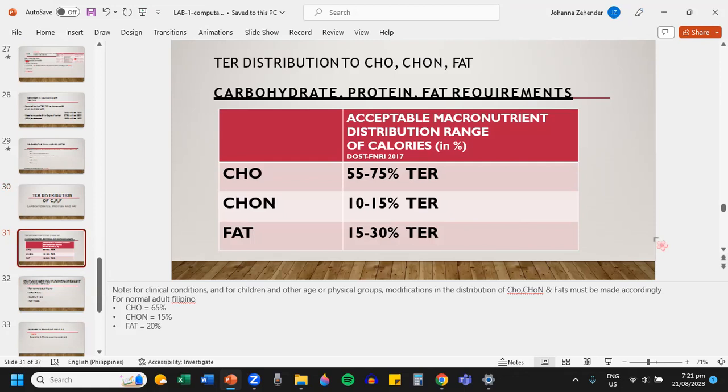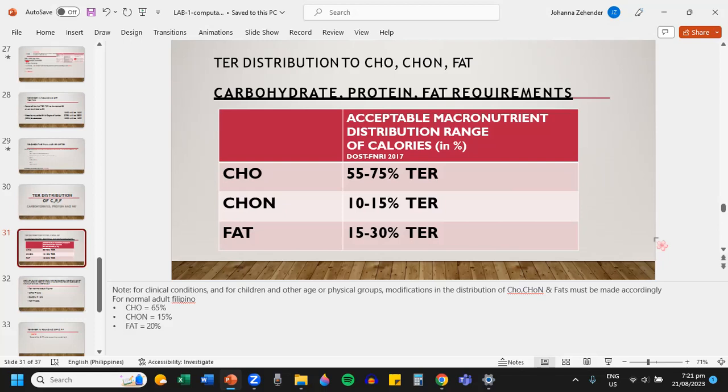For proteins, it's 10 to 15% of the TER. And for fats, it's 15 to 30% of the TER. Now, for clinical conditions and for children and other age or physical groups, there can be modifications in the distribution of carbohydrates, proteins, and fats. These modifications should be made accordingly.